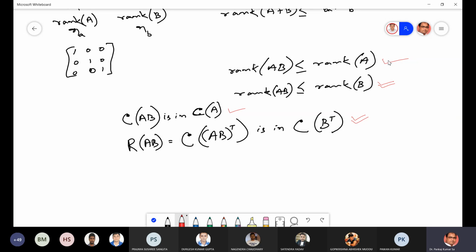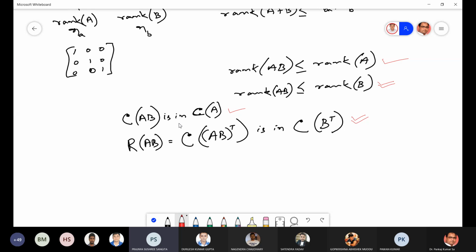Now, I hope this is understood, right? Yes, sir. Rank of AB is less than or equal to rank of A. If this is understood, then this is the same thing only, which I've written.